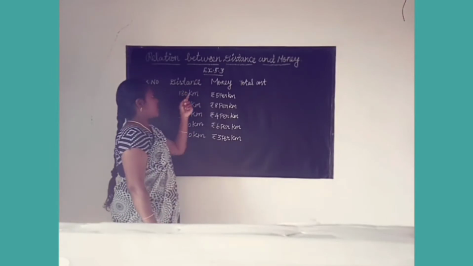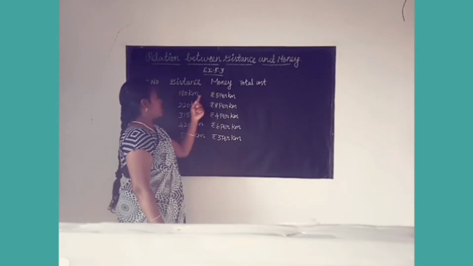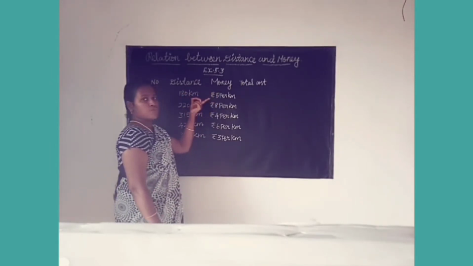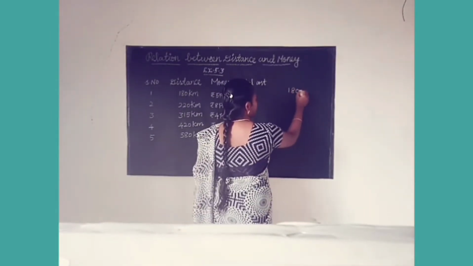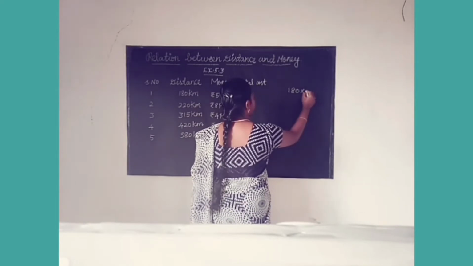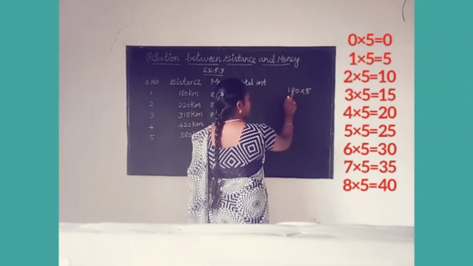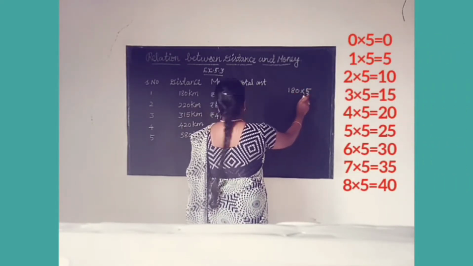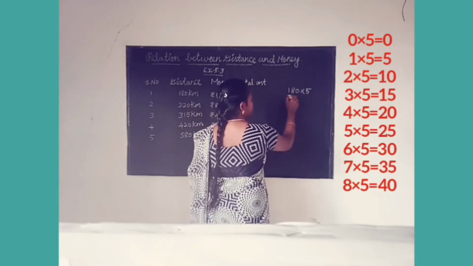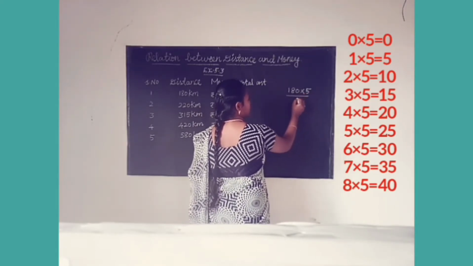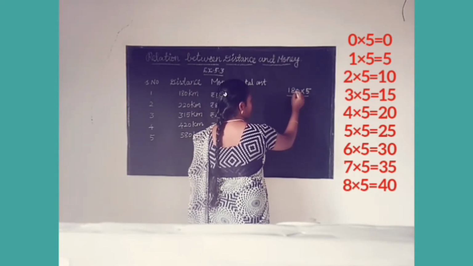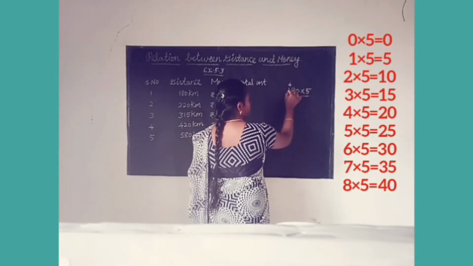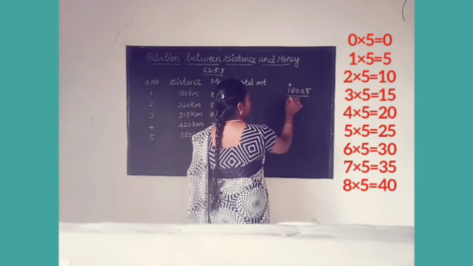So distance and money value is given means we have to multiply these two values. So we write 180 into 5. Distance value 180 into money value 5 means, now multiply: 5 into 0, 0. 5 8s are 40, 0, carry 4. 5 1s are 5, 5 plus 4, 9.